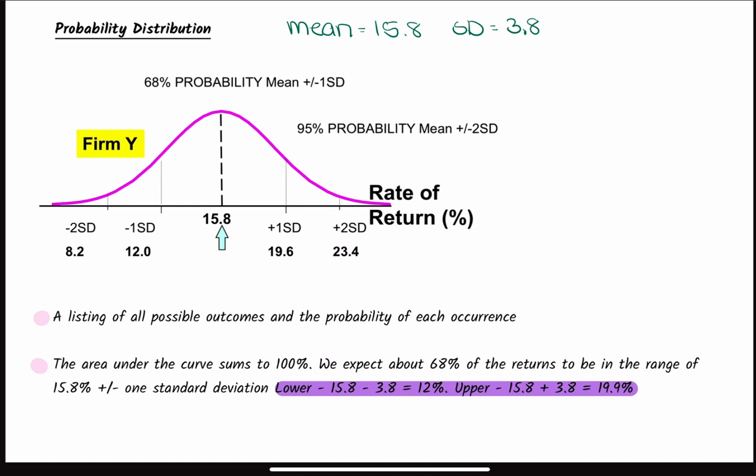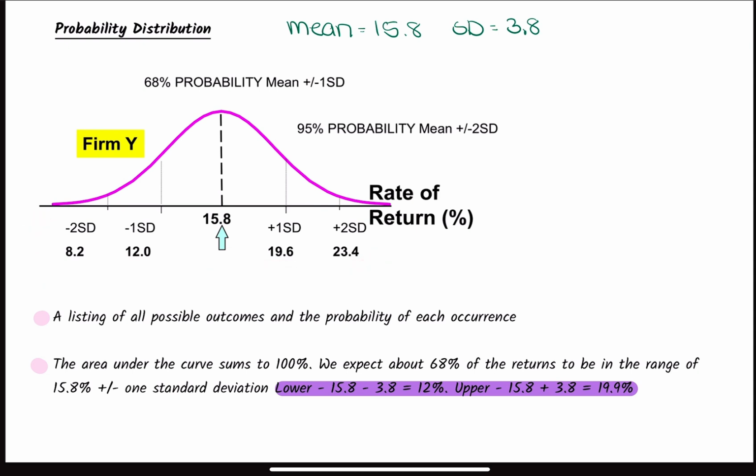We use that information to determine the probability distribution, and this may look familiar to you from stats, but here we have our normal distribution. Here is our mean. The mean that we calculated earlier was 15.8%. Our standard deviation is 3.8. And this right here is our rate of return.